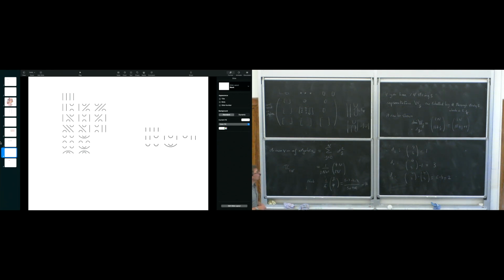Let me just add 2 words and then I'll be done with it. These numbers should strike you as very natural numbers. You have seen these numbers before.